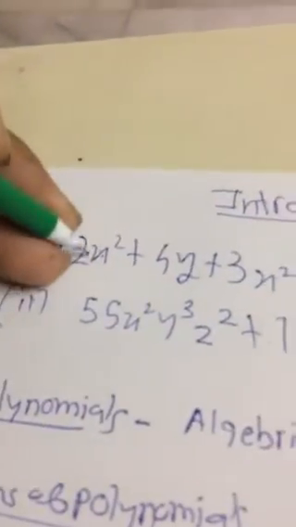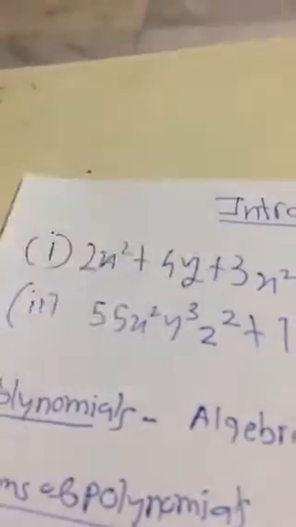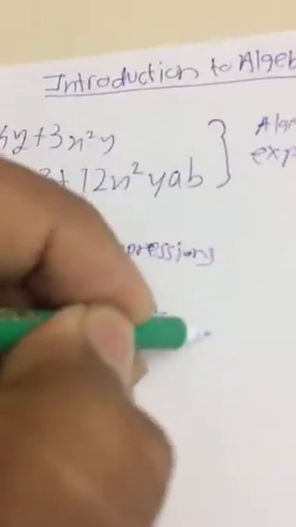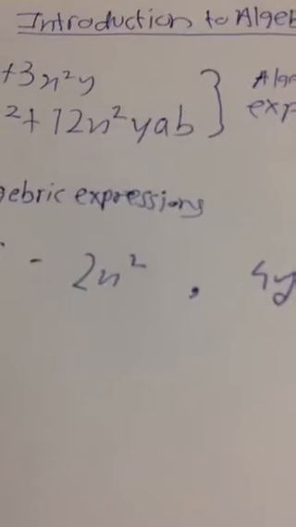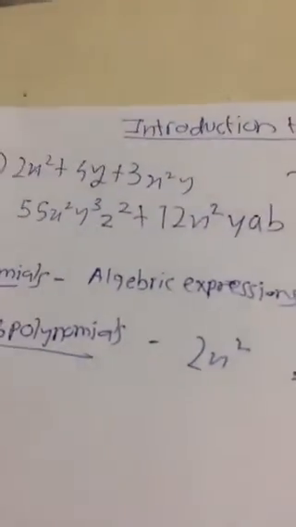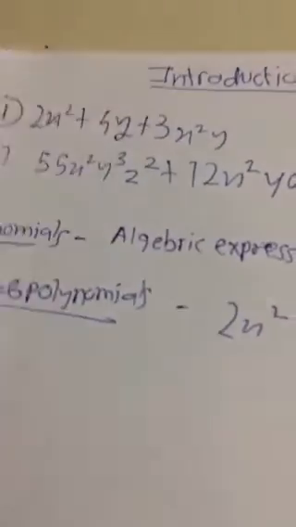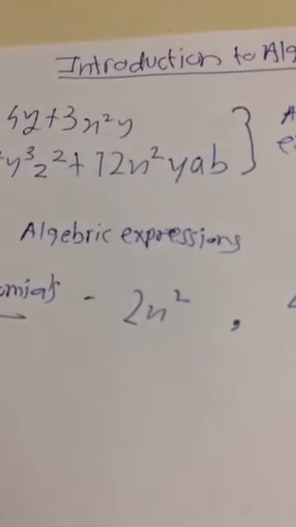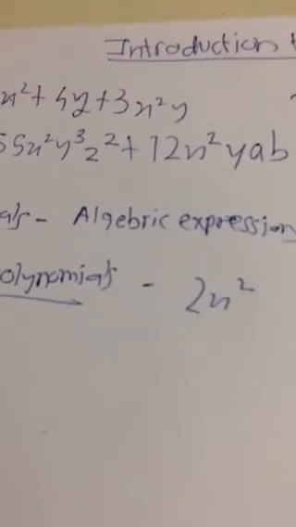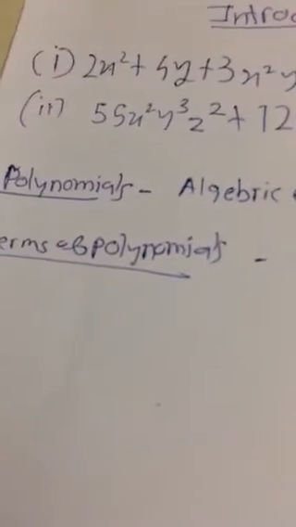Here, 2x square, 4y, and 3x square y are known as the terms of the polynomial. Similarly 55x square y cube z square and 12x square y ab are the terms of that polynomial.